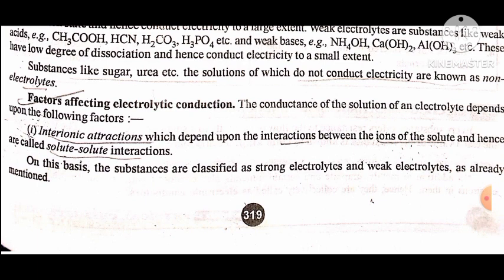Factors affecting electrolytic conduction. First factor is inter-ionic attractions, which depend upon the interactions between the ions of the solute and hence are called solute-solute interactions. On the basis of this, substances are classified as strong electrolytes and weak electrolytes as already mentioned.